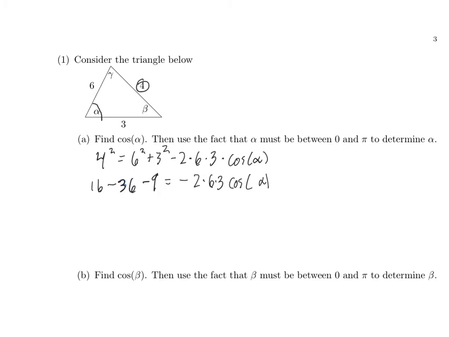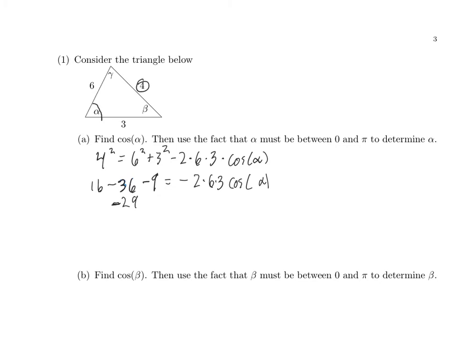Cool, so let's carry on from there. I'm going to simplify this, and then I'll divide this over to the other side. Then I'll use inverse cosine. So 16 minus 36, well, 36 minus 16 would be 20, but it'll be negative, so that'll be negative 20. Minus 9 will be negative 29.